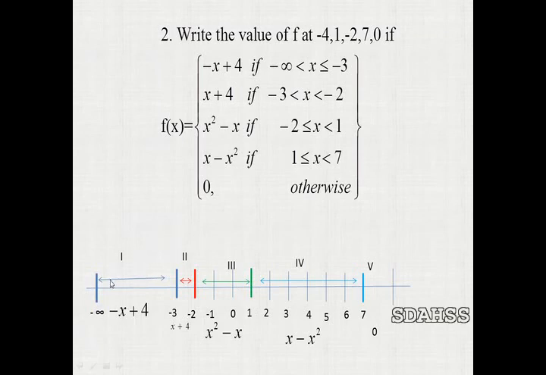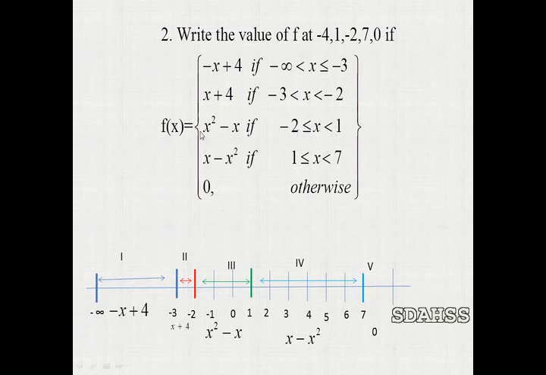The first interval is -infinity to -3. Its function is -x plus 4. The second interval is -3 to -2. Its function is x plus 4. The third interval is -2 to 1.